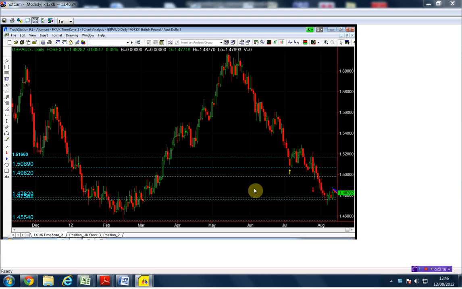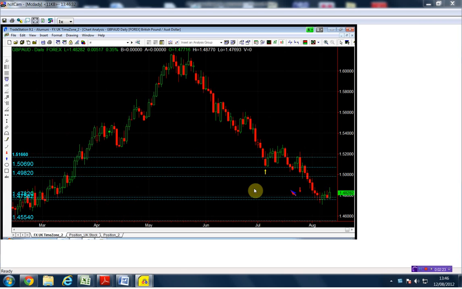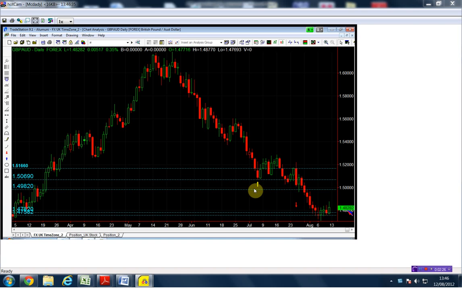So right here we're just sitting at those two structural points, and if you look also at the close, which is 28, that close by itself is a major sell signal. This is not just a sell signal, it is a major sell signal.